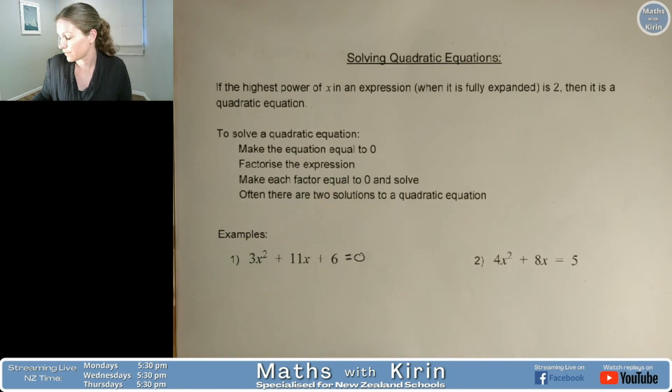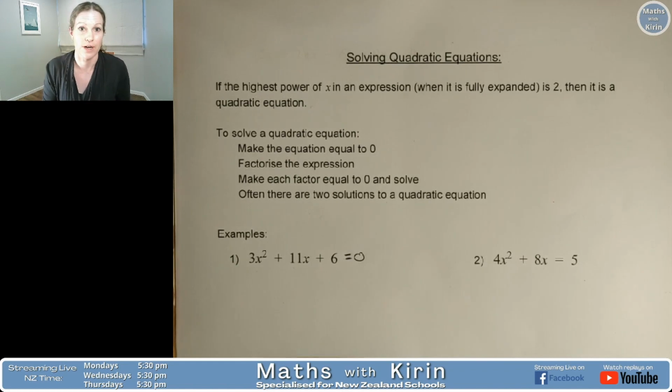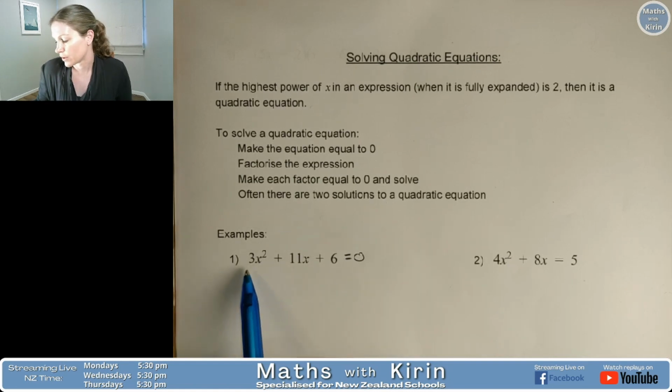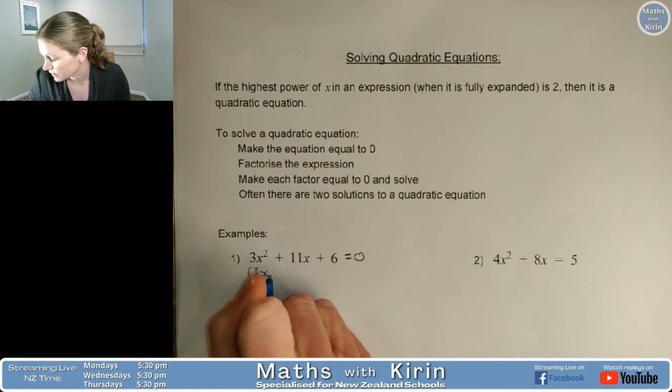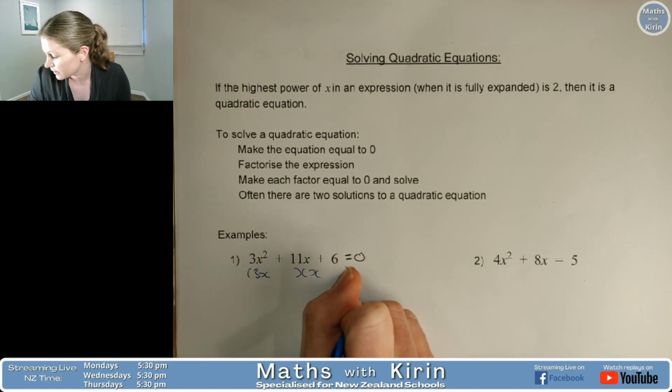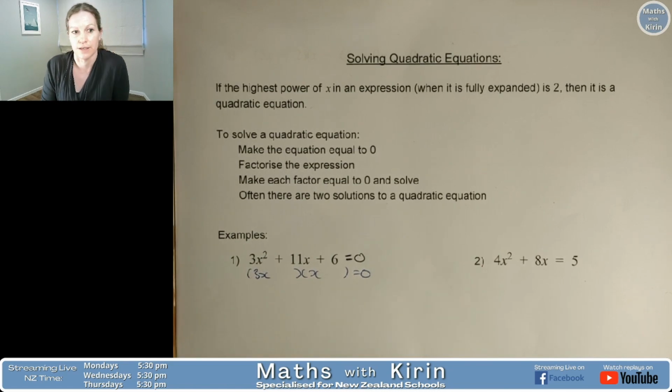Using the factorizing skills that we have covered a couple of times now, they've been used not just for factorizing quadratics, but we use them for simplifying some of those fractions as well. If we factorize this, we know that we're going to need a 3x and an x. Our equation will still be equal to 0, so I throw that in first just so I don't forget it.